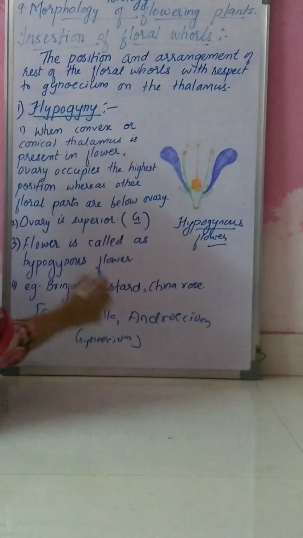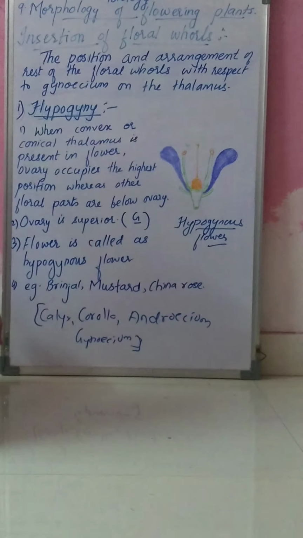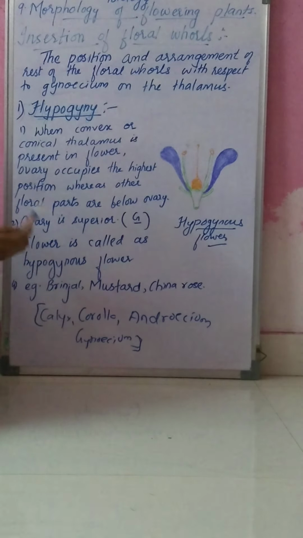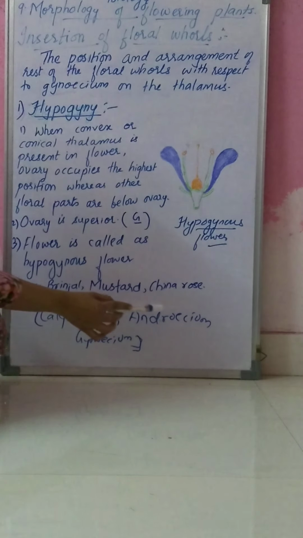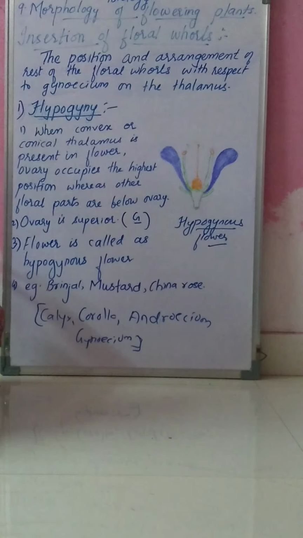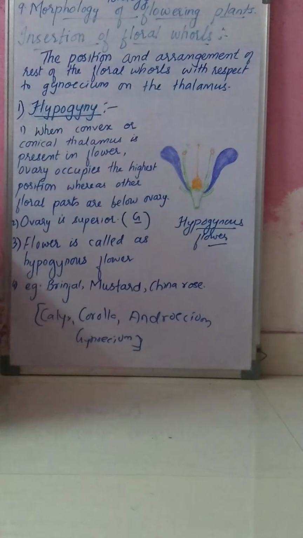That detail we are going to study later on, I am only explaining it to let you know. So the 4 floral whorls are calyx, corolla, androecium and gynoecium. Today we are studying insertion of floral whorls.